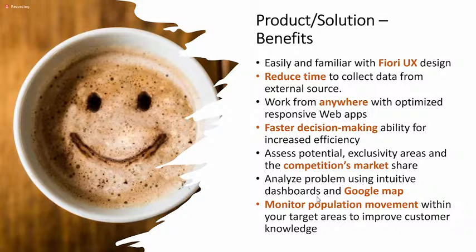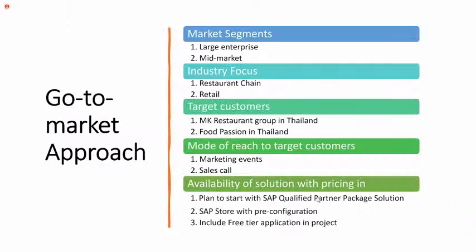The market approach: the market sector group is food and passion in Thailand. I think we can reach the target group by using marketing events and sales calls. We plan to start with the SAP Qualified Partner Package solution, and next step, we will go to SAP Store with pre-configuration.